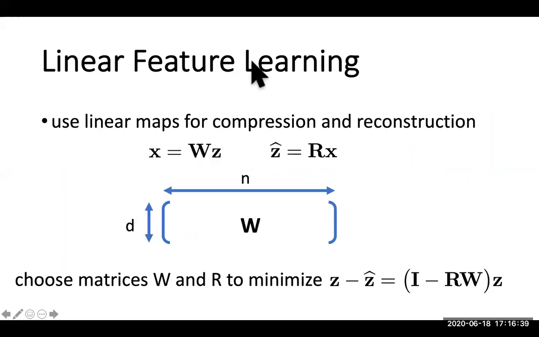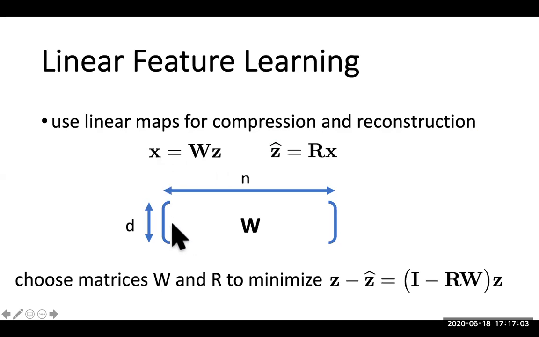So the special case of linear feature learning methods is given by using linear maps for the compression and reconstruction. A matrix can be used to represent a map that reads in a raw feature vector z, and we apply the map by multiplying the matrix W with z and get another vector x.